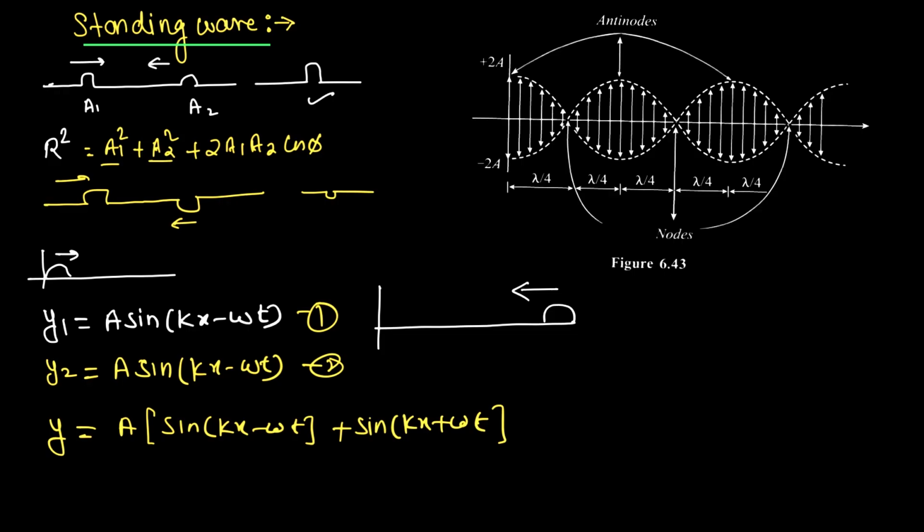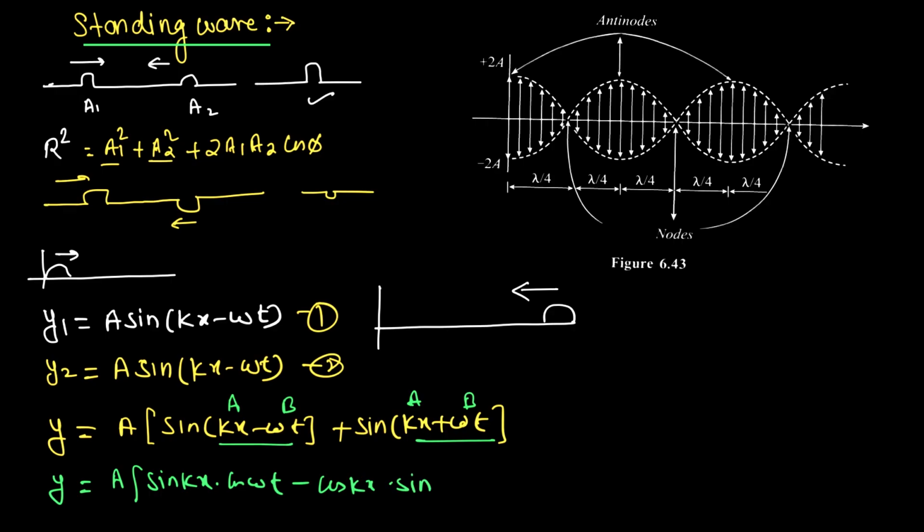So if I expand this using the sine a plus b and sine a minus b formulas, taking this one a, this one b, I'll get y is equal to a sine kx cos omega t minus cos kx into sine omega t, and for the second one again sine kx into cos omega t plus cos kx into sine omega t. So many terms will get cancelled.